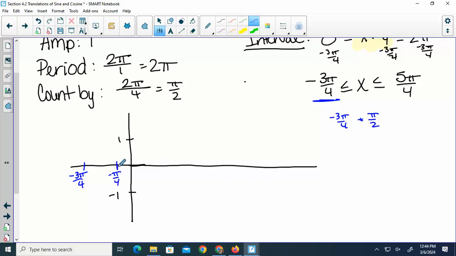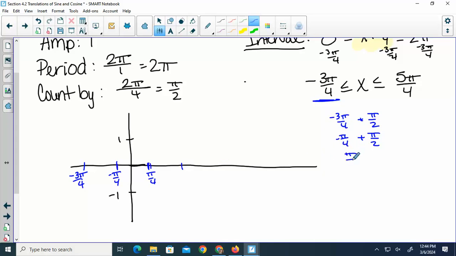How many points do we need total? We always do 5, because we start and stop at the same spot. So we're at negative pi over 4. You add your count by, so plus pi over 2, or 2 pi over 4. Remember, these should be evenly spaced to the best of your ability.